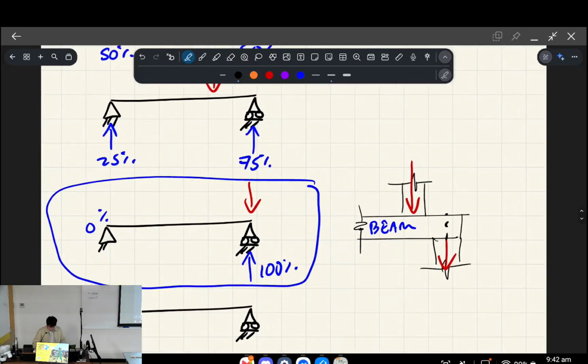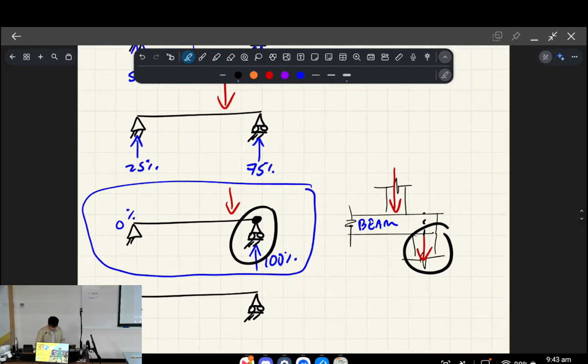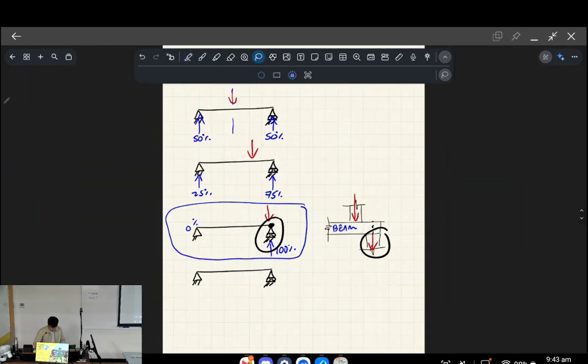It depends on whether you consider that column as a pin support, or a rigid support, or there's something in between called a spring support. If it's a rigid support, then it will absorb some of the moment. But if it's pinned, this is free to rotate, and so none of it becomes a moment in the column. But anyway, I'm getting ahead of myself because this is too much theory.